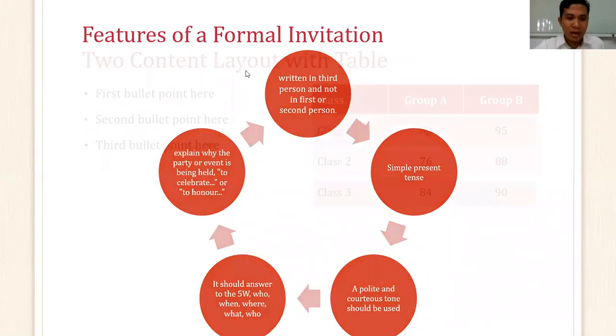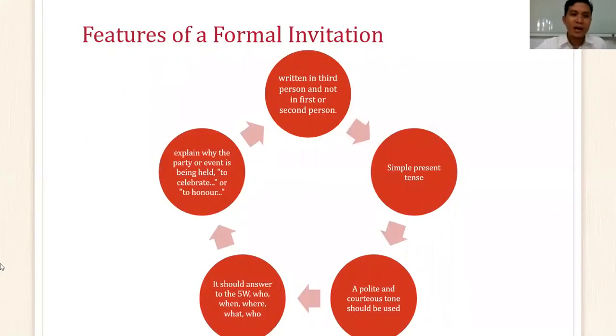Now we are at the end of our topic. We are now at the end of our slide. I believe you will understand more if you practice or try it at once.